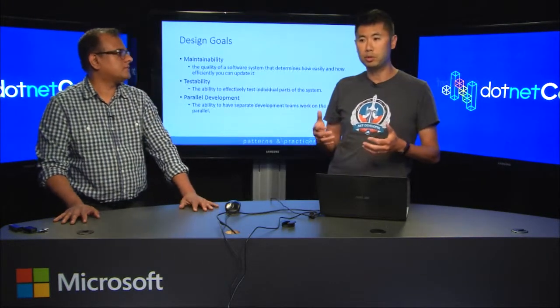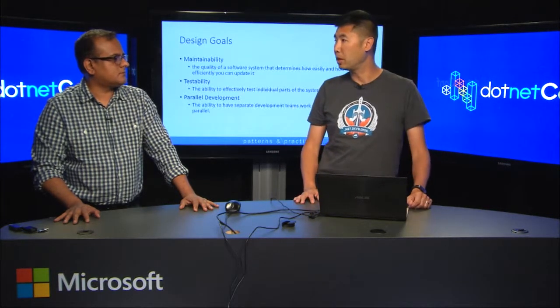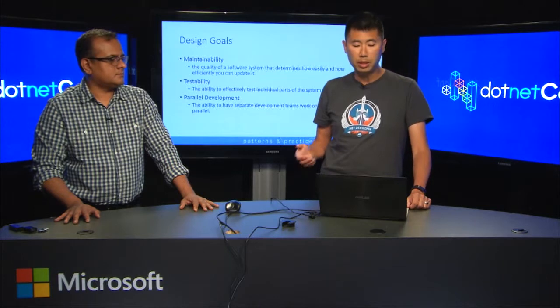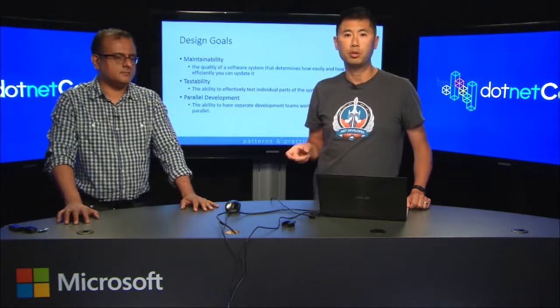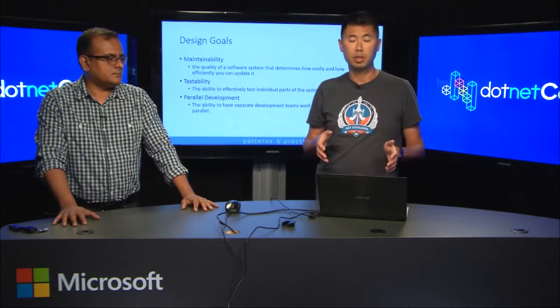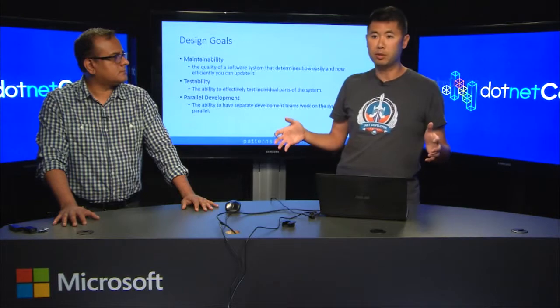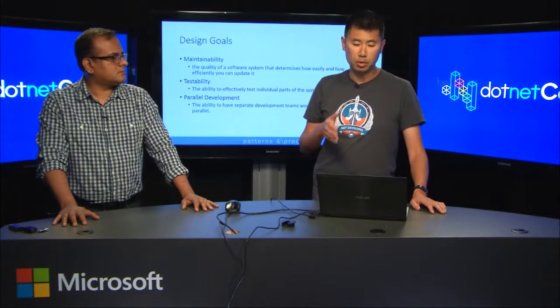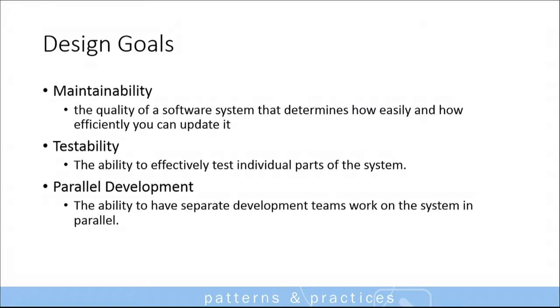So being able to change your code without too much effort, right? Testability is really about the ability to test specific parts of your code in isolation. It's important to be able to do integration tests and user acceptance tests, but we'll talk more about unit testability in our talk.